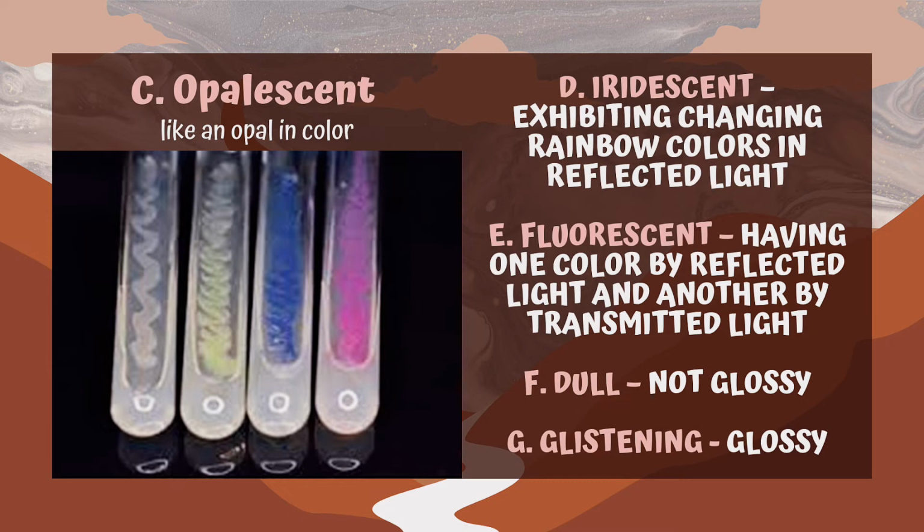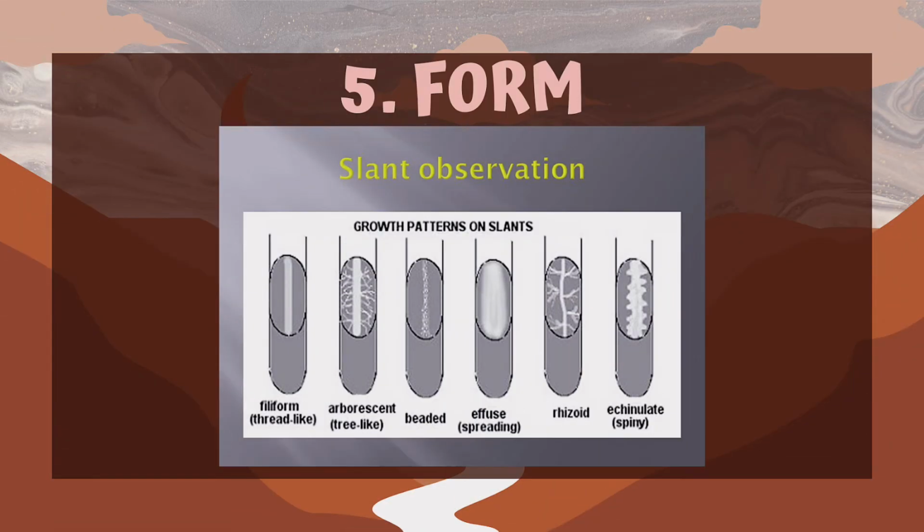We can also identify here whether it is dull or not glossy, or glistening, the glossy texture. And lastly, the growth may be characterized as filiform, confluent colonies all throughout the line of inoculation. Second is the growth extending along the line.